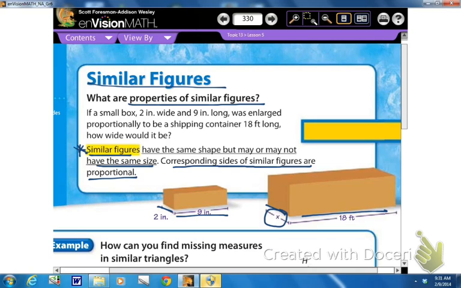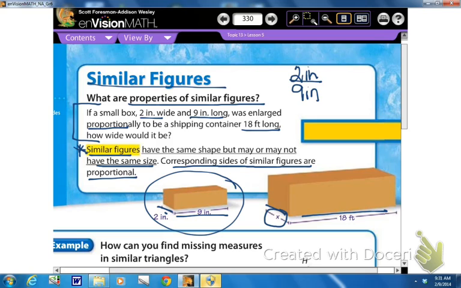So the question is up here: a small box is 2 inches wide and 9 inches long, so that's the ratio of width to length of that box, 2 inches to 9 inches. If it was enlarged proportionally, which would make it similar, to be a shipping container 18 feet long, how wide would it be?